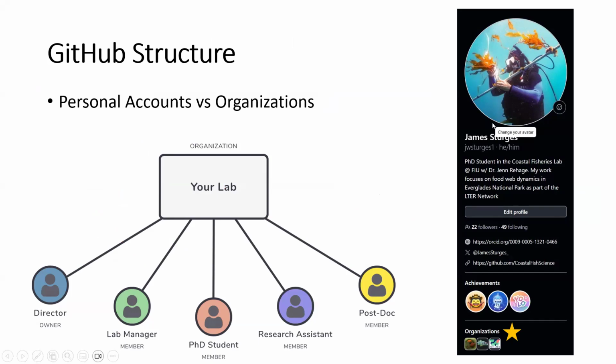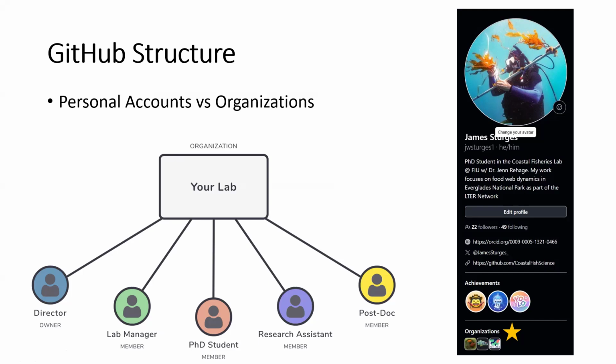On the right, I took a screenshot of my public profile on GitHub. But if you see down at the bottom, I've put a gold star by the organizations tab. So those are also GitHub organizations, like a server, but those organizations have different levels of security and different levels of access. So we're going to talk about that.